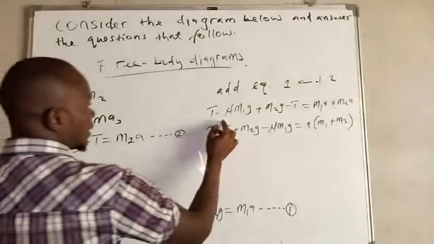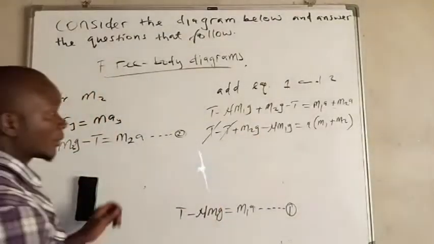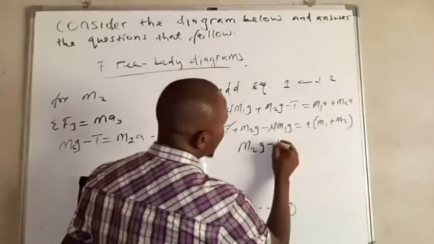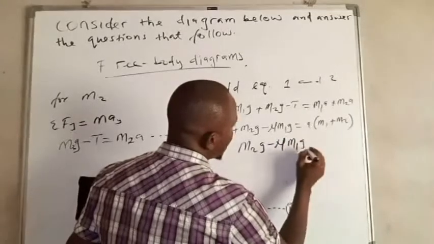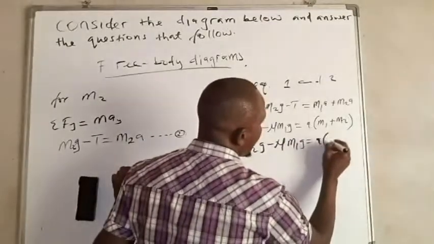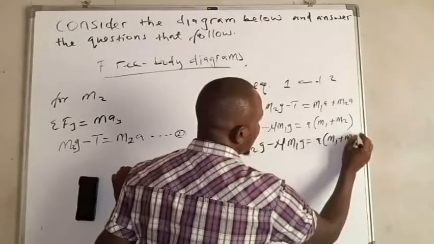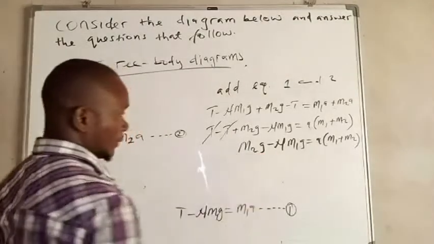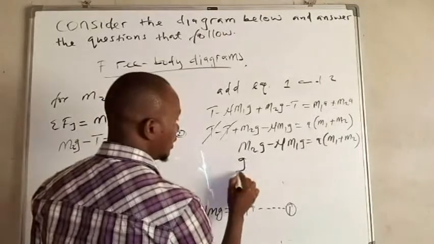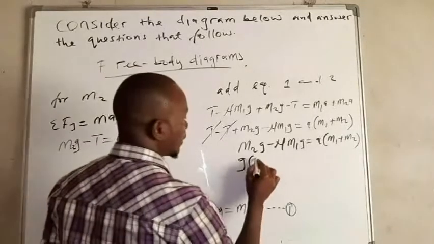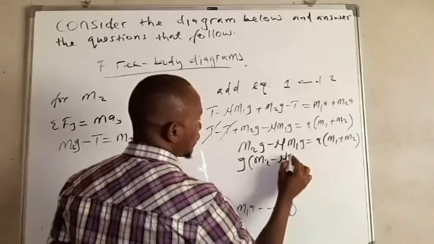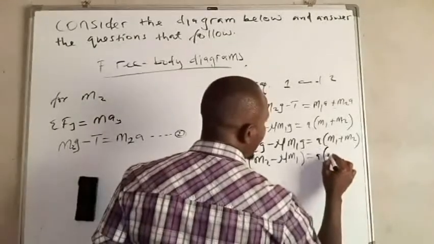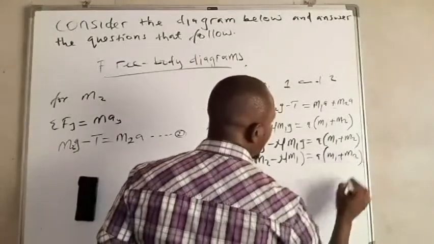So from here, we see that t and minus t will cancel, and we're going to have m2 g minus mu m1 g, which must give us a m1 plus m2. Since g is common, we can factor it out: g times m2 minus mu m1, which must give us a m1 plus m2.